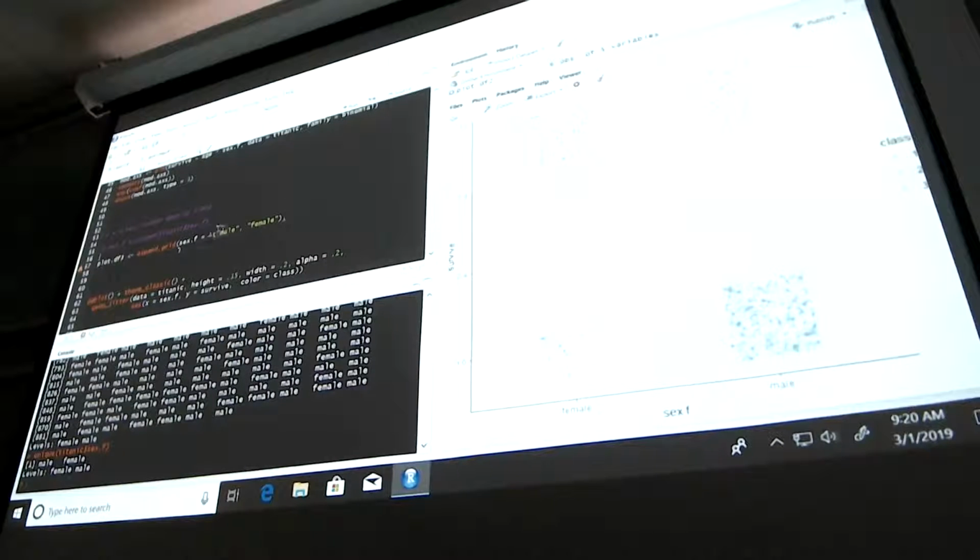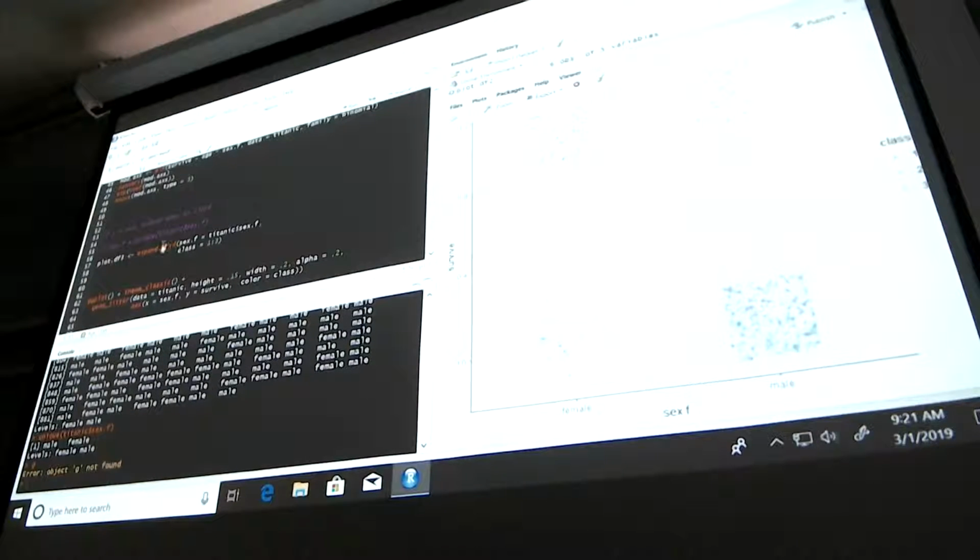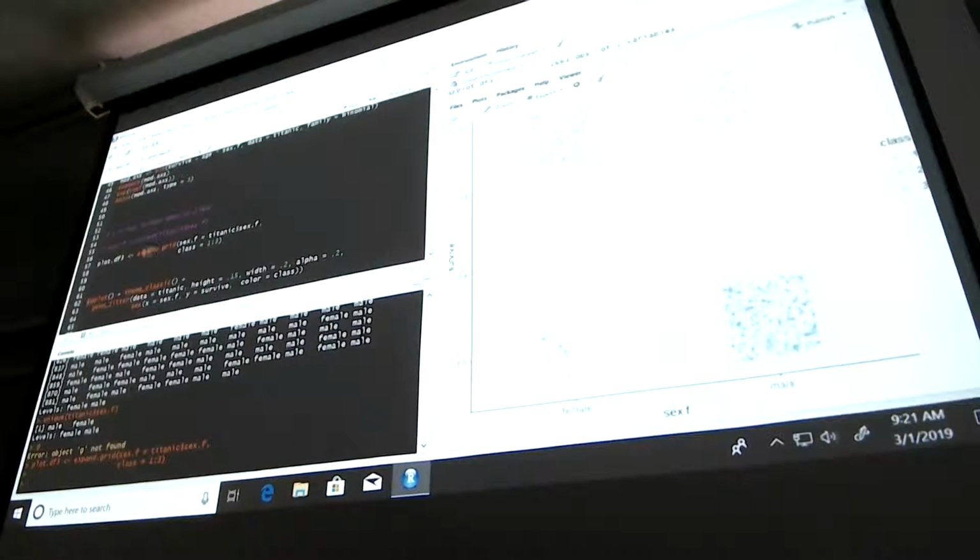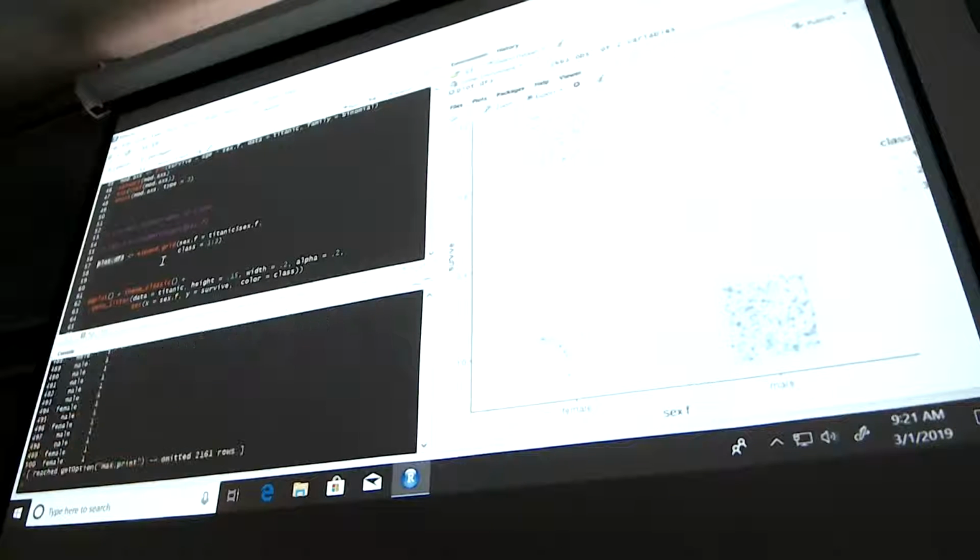If you just put in, well, I'll just do this. And then down here, class, we'll just say 1 through 3. See, now our output is 500 things long.